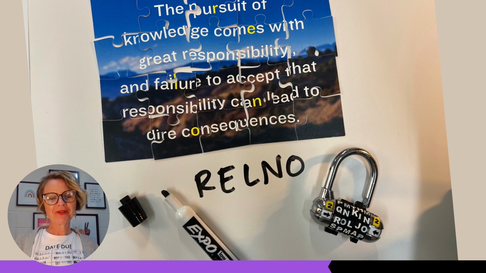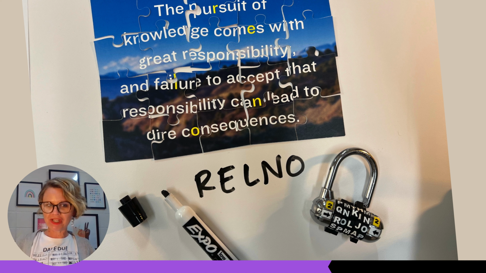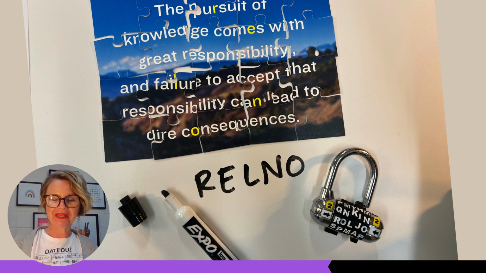We let them write on the tables with Expo marker, and it doesn't take them long to figure out the first part of the clue once they notice those highlighted letters, the RELNO. But when they try to enter that combination into the 5-letter Master Lock that we're trying to open, they realize it's not possible with the dial options they have. So they will hesitate at this point a little bit.